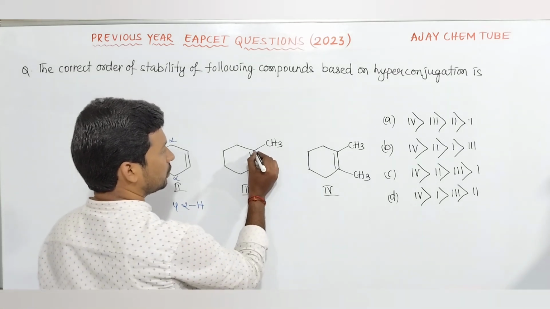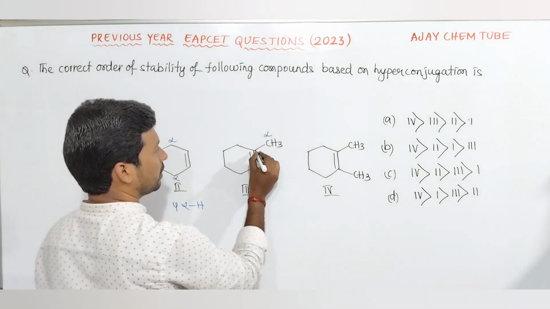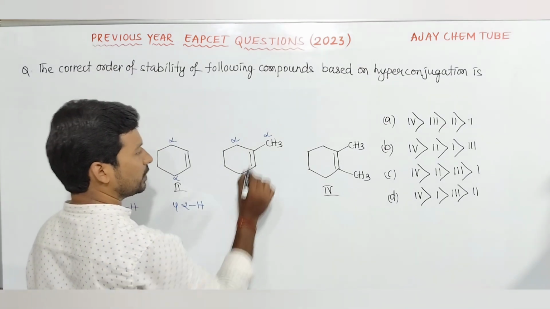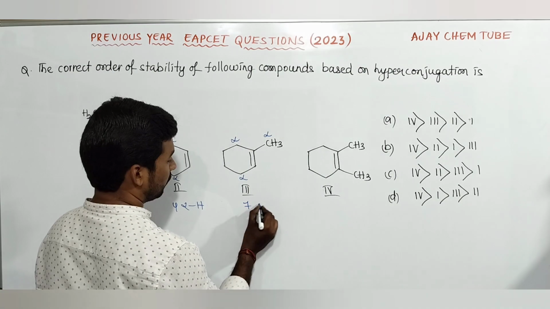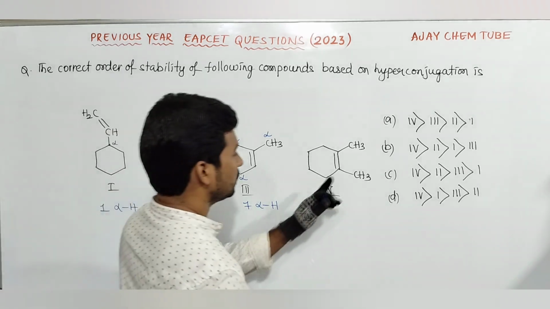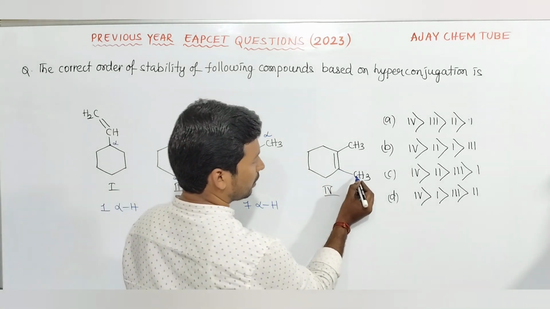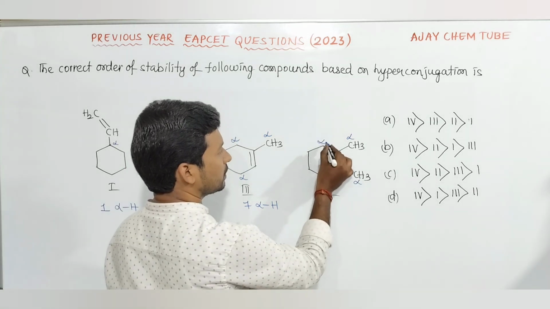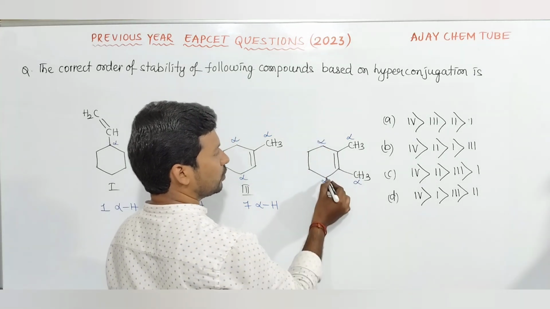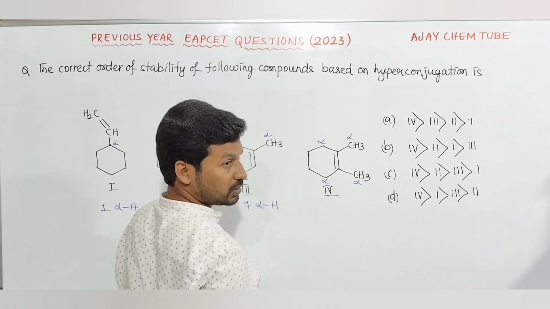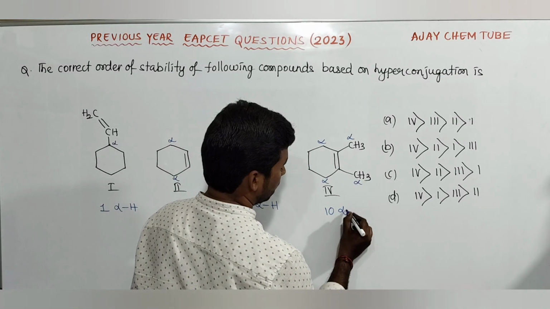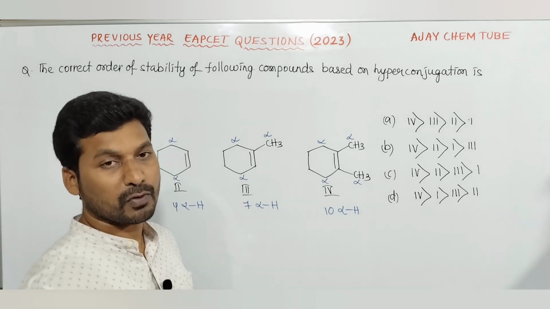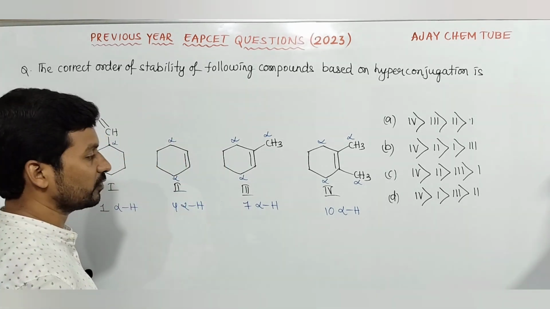Here, for the double bonded carbons, this is alpha, this is alpha, this is alpha: 2 plus 2 plus 3, total 7 alpha hydrogens. Here, this is adjacent alpha, this is adjacent alpha: 2 plus 2, 4, 3 plus 3, 6, total 10 alpha hydrogens. The more the number of alpha hydrogens, the more the hyperconjugation effect and the more the stability.